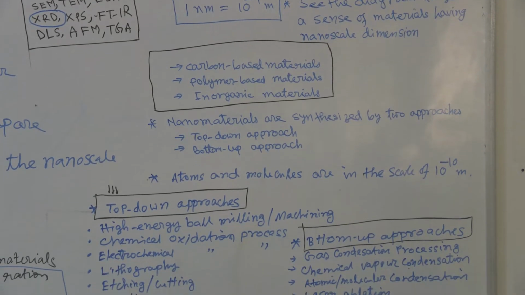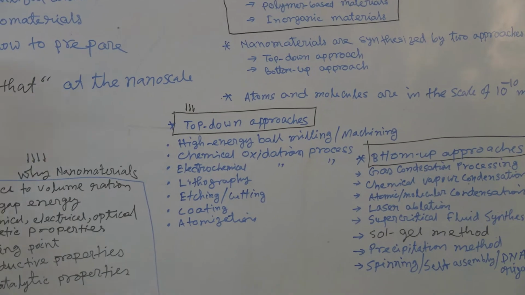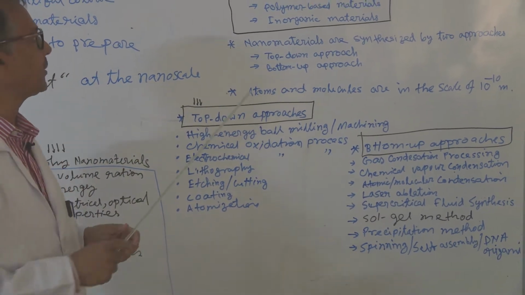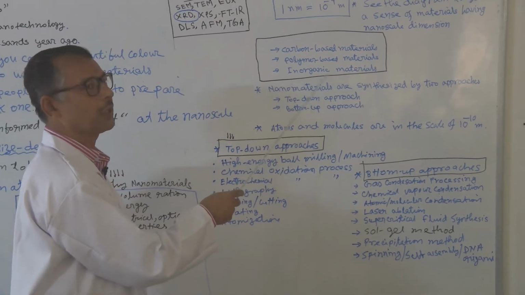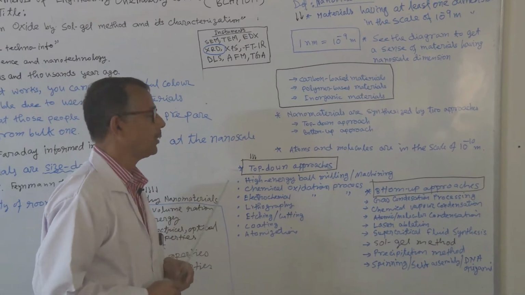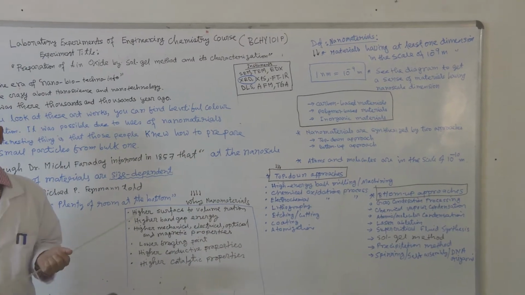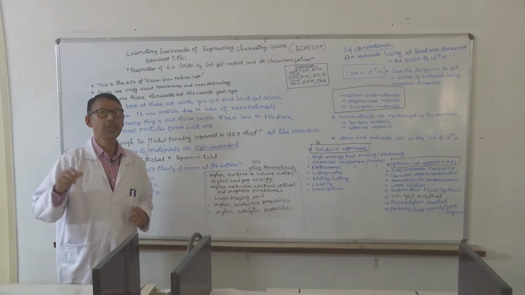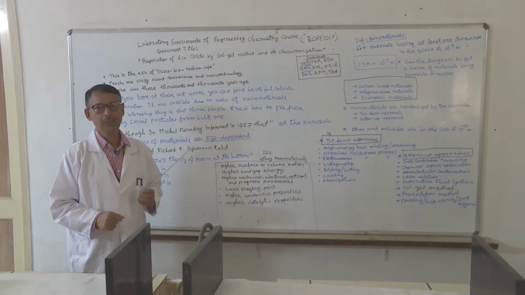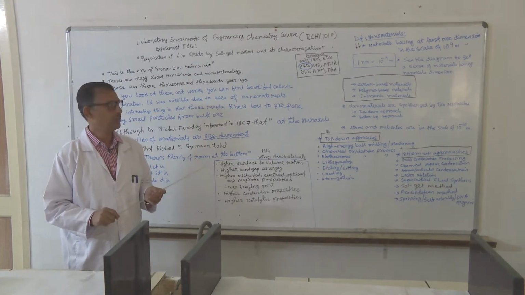Now we have different types of nanomaterials like carbon based materials, polymer based materials, inorganic materials. Now if you think about our atoms and molecules, they are in the scale of 10 to the minus 10 meter. That means it is 10 times smaller than the nanomaterials.